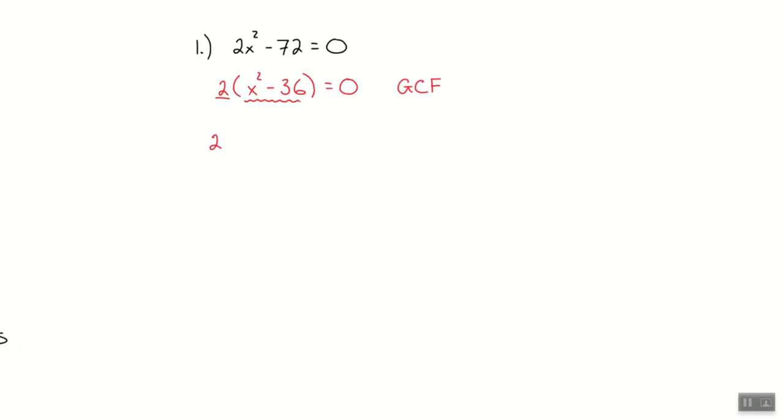What's the square root of x squared? X, good. And what's the square root of 36? Does it matter whether I put plus or minus first? Not at all. I typically do minus. I think one of my 2 factors was a minus b, or x minus 6 in this particular problem. And the other one is x plus 6. And it's still equal to what? 0.